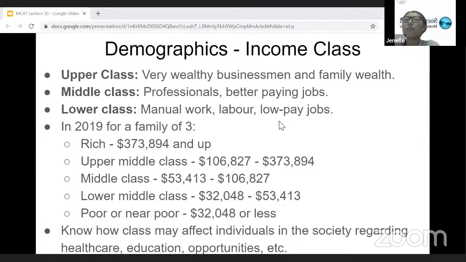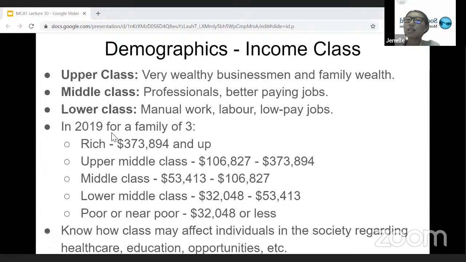So the way that we divide groups between the rich, upper middle class, lower middle class, and poor and near poor is dependent a little bit on inflation and also on what the minimum amount is for supporting a family.